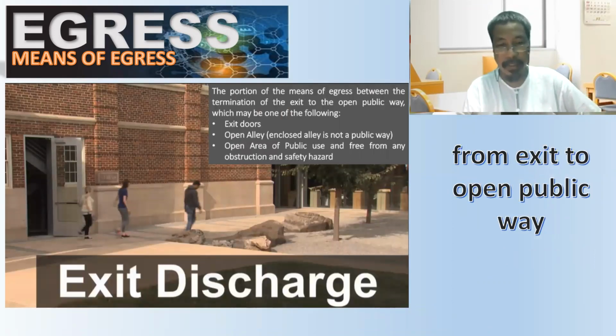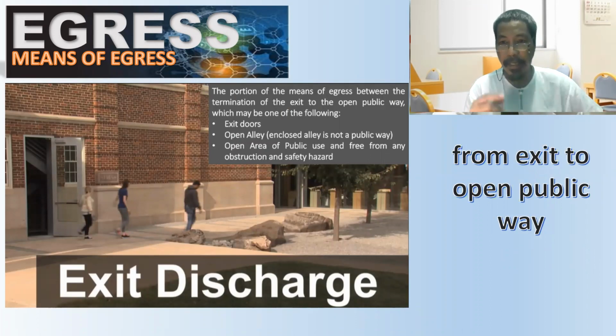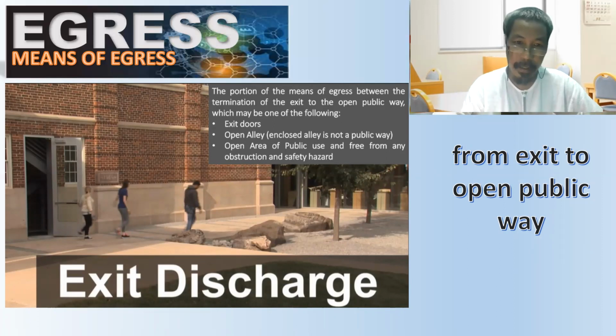So therefore, there are three main components of means of egress. Means of egress includes exit access, exit, and exit discharge. So the door is the exit. So exit access is going to that door. And exit discharge is from that exit going out to the public way.